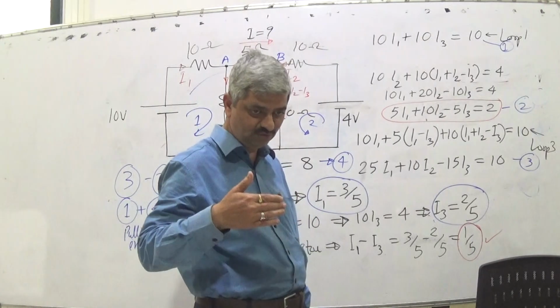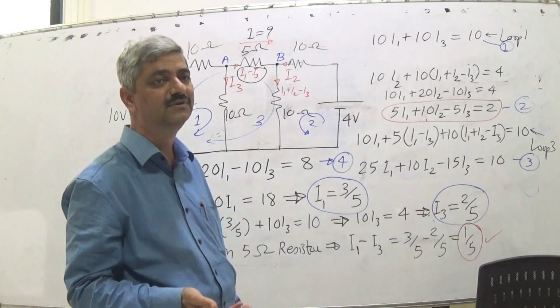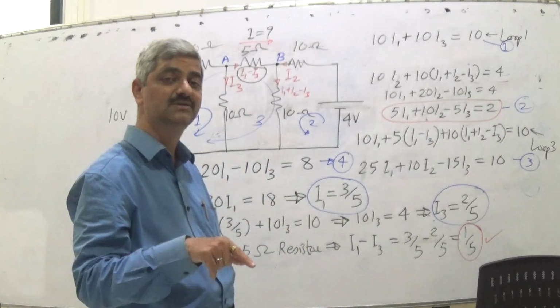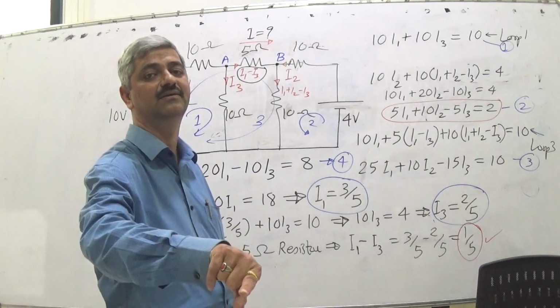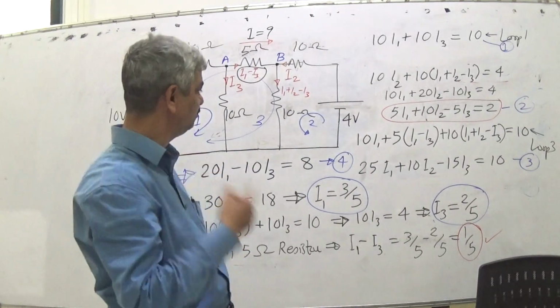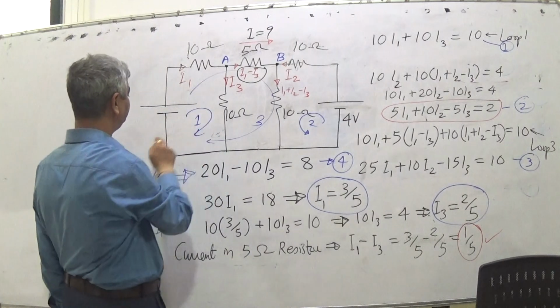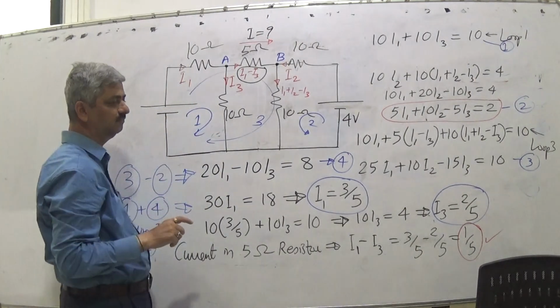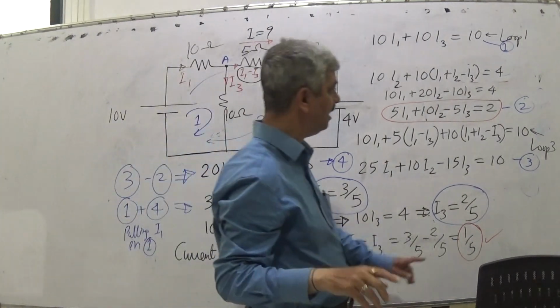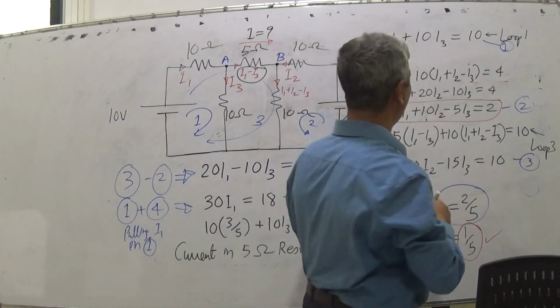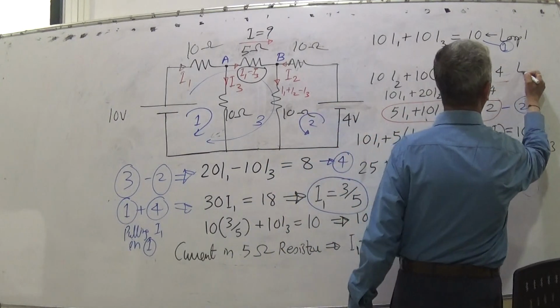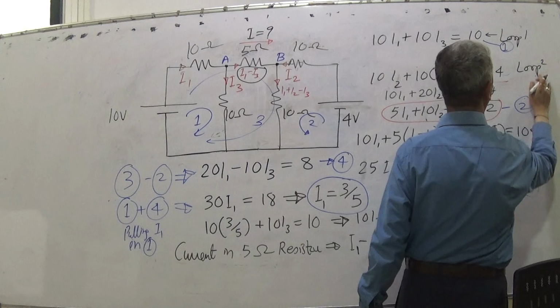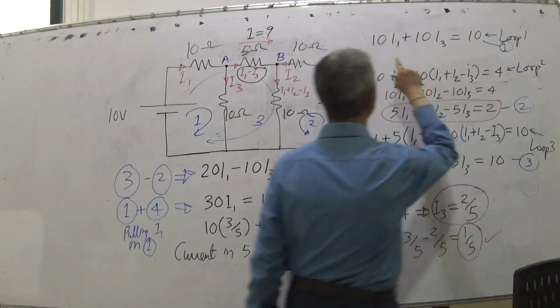It means those students who are sincere enough should try to focus where they should spend more time. So here now I take loop 1. I put loop 1 here, loop 2 I have applied here. So what is loop 1?